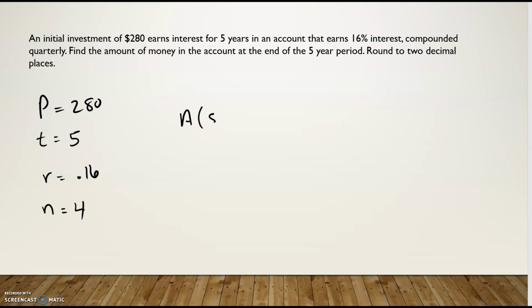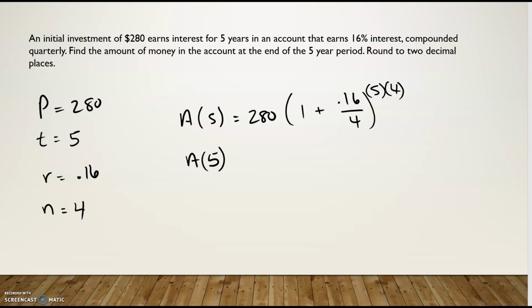Okay, so after 5 years, so 280 times 1 plus 0.16 over 4 raised to 5 times 4. That's supposed to be a 5, looks more like an S. There we go. Okay, so this is going to be 1 plus 0.16 over 4 raised to 20.